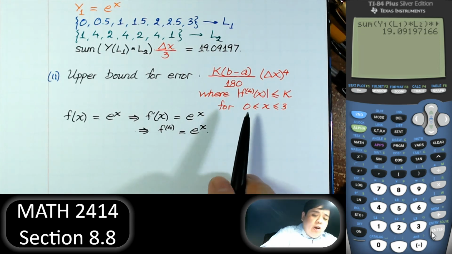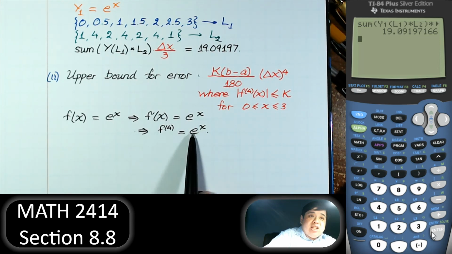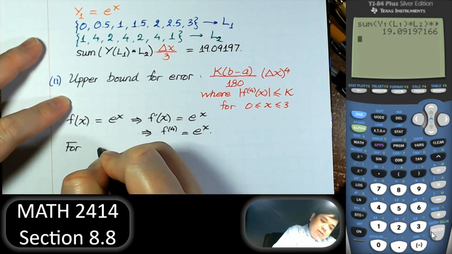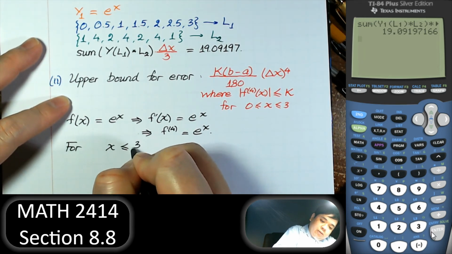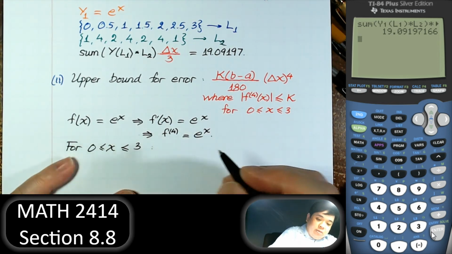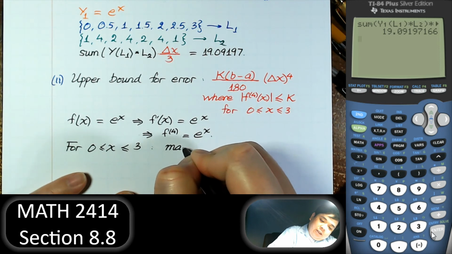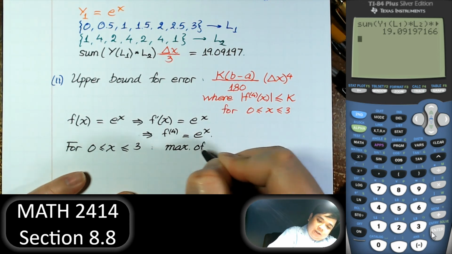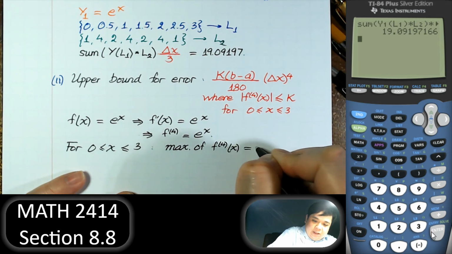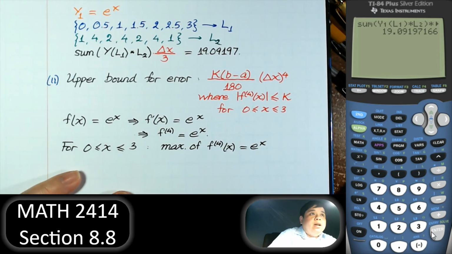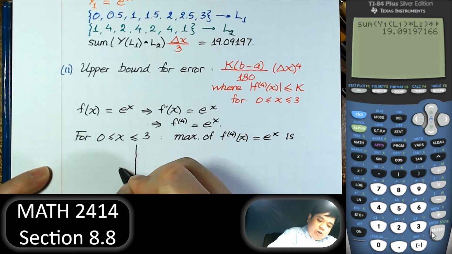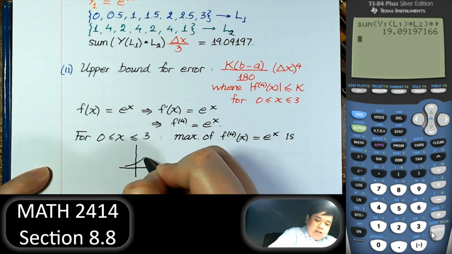Now, from 0 to 3, what is the maximum for that? So for x between 0 and 3, the maximum of the 4th derivative is, now if we look at the exponential function, it goes like this.